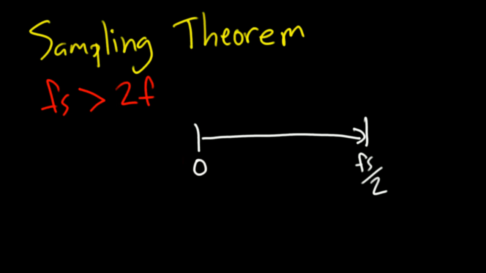So there's no extra information over there, and people think of it like this: let's say you have a 1 megasample per second sampling frequency. So f of s over 2 is 500 kilohertz. Well, let's say you have a signal of interest at 200 kilohertz.